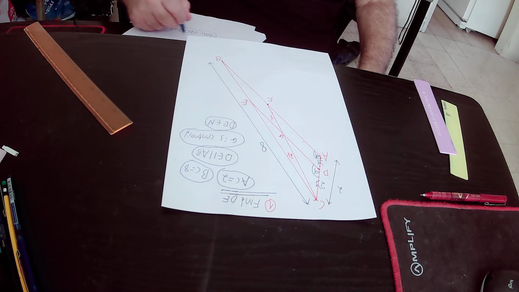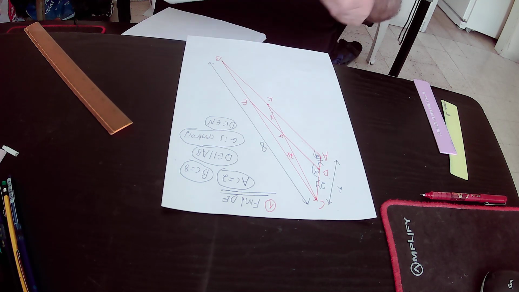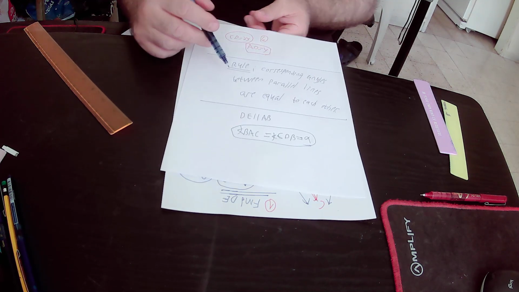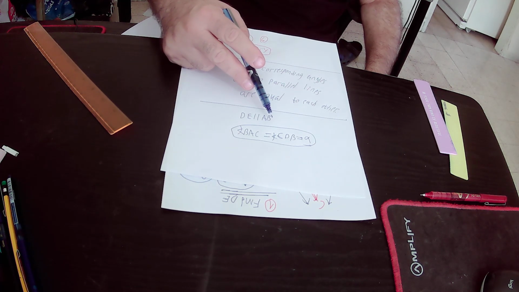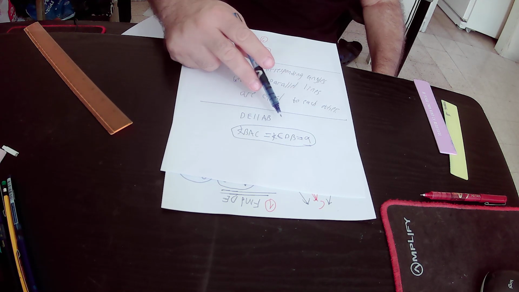Okay, so according to this rule, angle BAC will be equal to angle CDB, and both of the angles are equal to alpha.